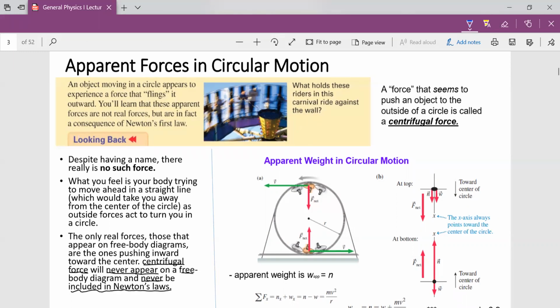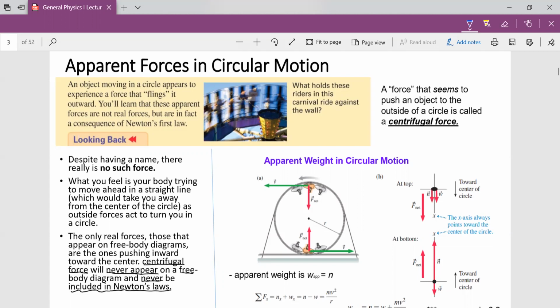Now, we know that apparent weight is not real. Whenever we use the word apparent to describe any concept, we are talking about a feeling which we believe is real, but in principle, it's not real. So for an object moving in a circular path, whenever you are on a swing or a car is taking a curve, you have this feeling like a force is pushing you outward.